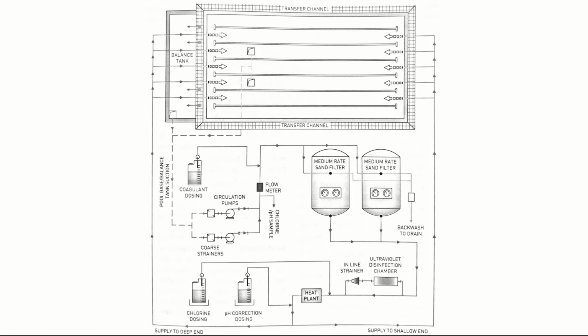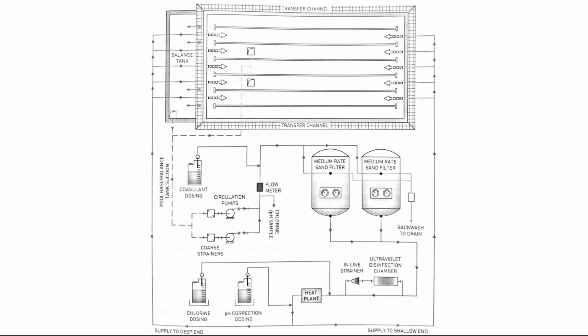In this video, I'm going to cover how to work out the turnover time. A turnover time is the amount of time that it takes your pool volume to go round the entire system.